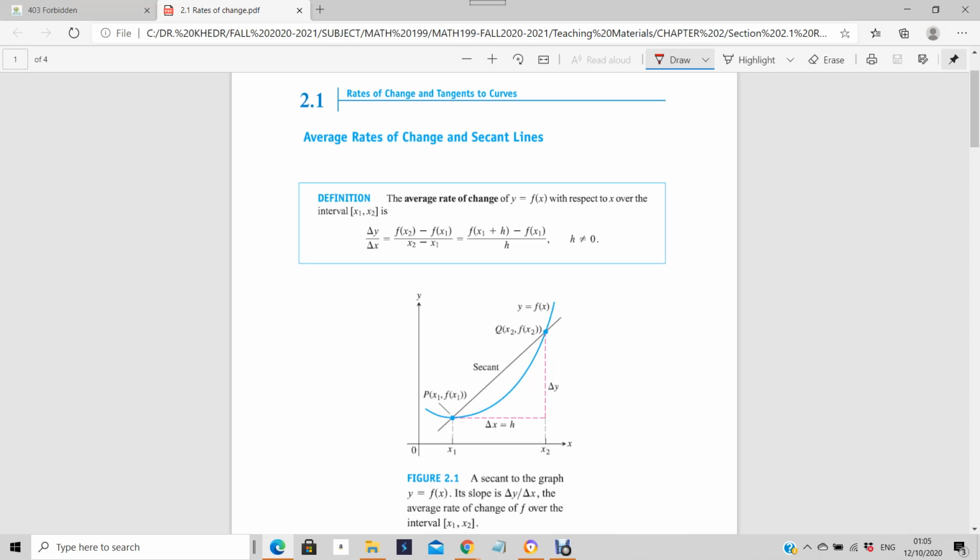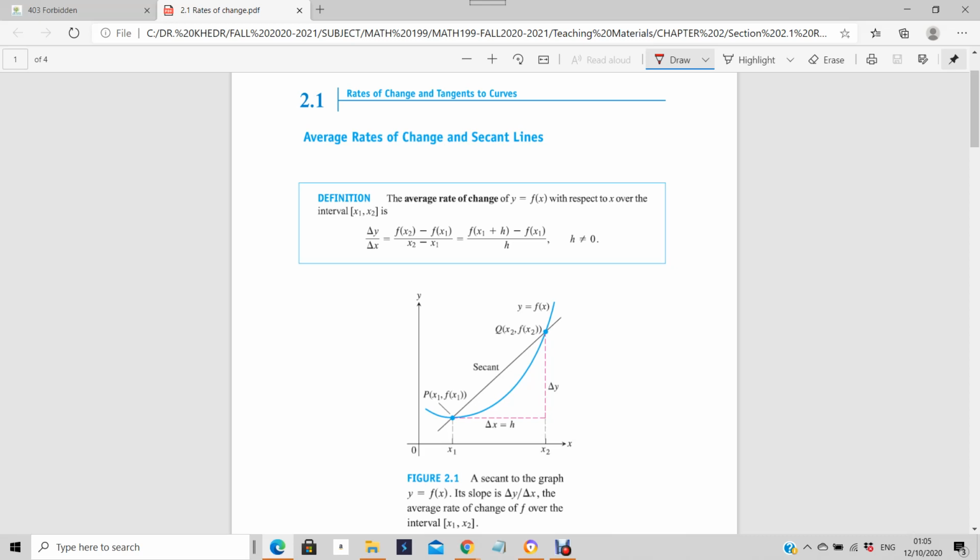And delta x is the difference between x2 and x1, because x2 is measured from the origin, x1 is measured from the origin. So the difference between them, delta x, is x2 minus x1. We will call it h. So delta y by delta x, or delta y by h, and delta y here is f of x2 minus f of x1.